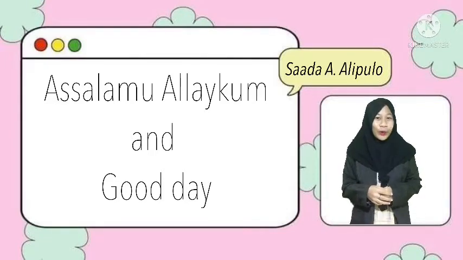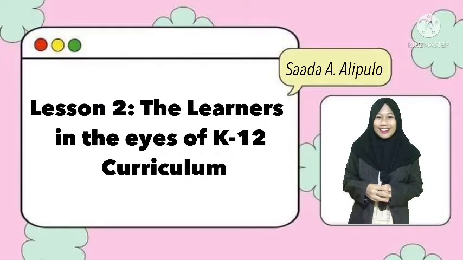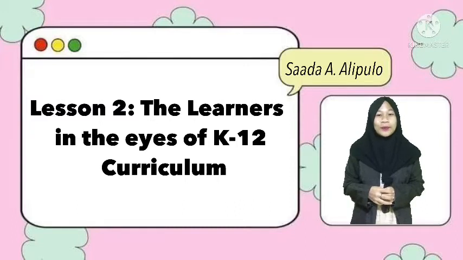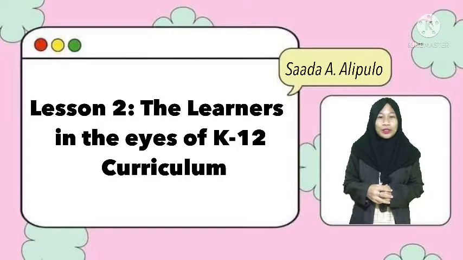And in this video, we're going to tackle Lesson 2, which is the learners in the eyes of the K-12 curriculum. But before we start, allow me to introduce to you first our learning outcomes for this lesson.